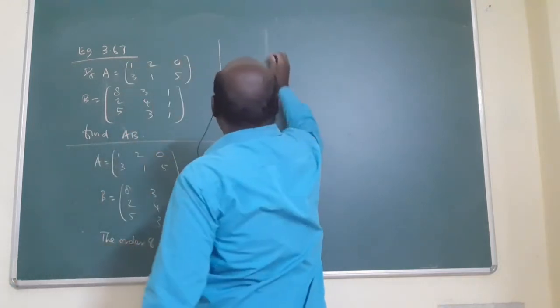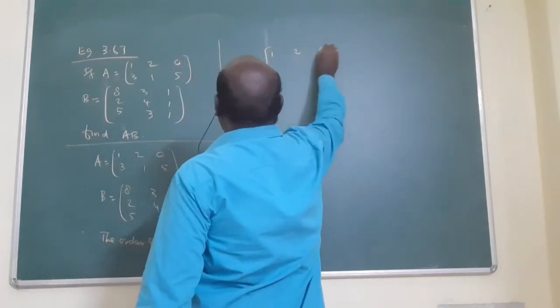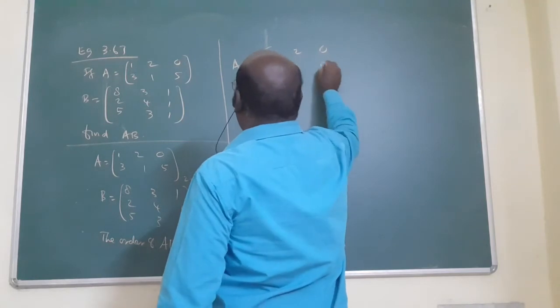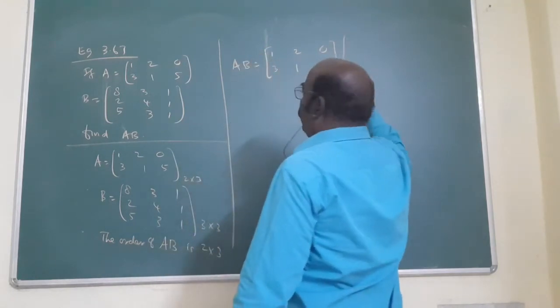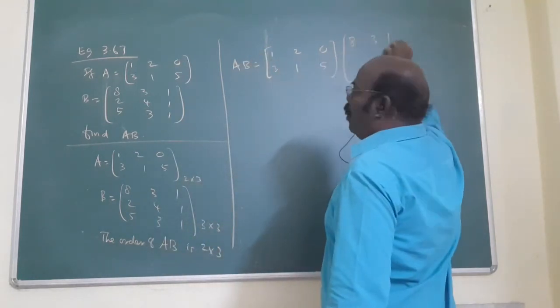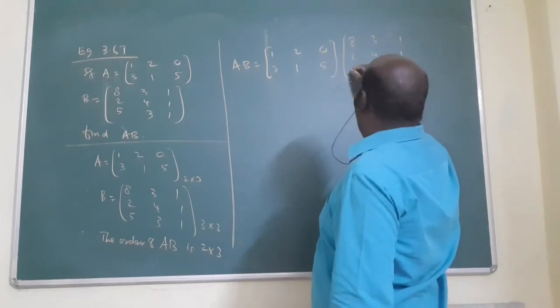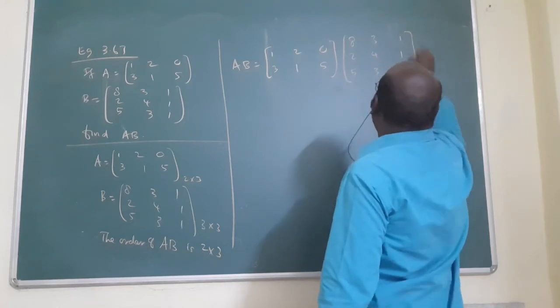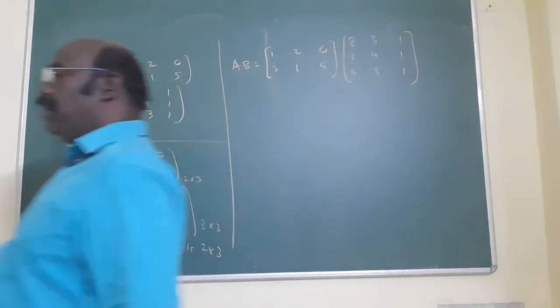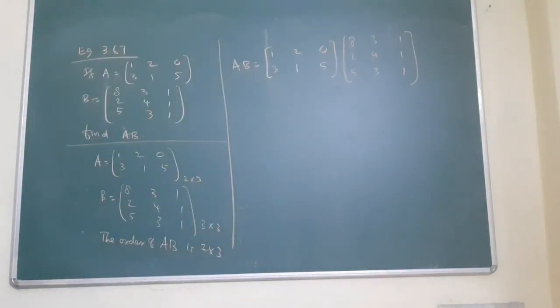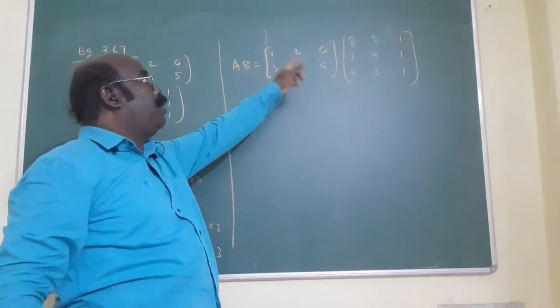What is A? 1, 2, 0, 3, 5, 5, 3, 1, 5. Now B: 8, 3, 1, 2, 4, 1, 5, 3, 1. In this way, first write the A matrix and B matrix. Now, in addition, the corresponding elements should be added, no?